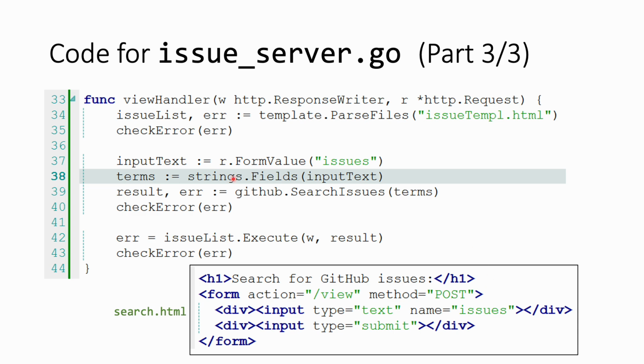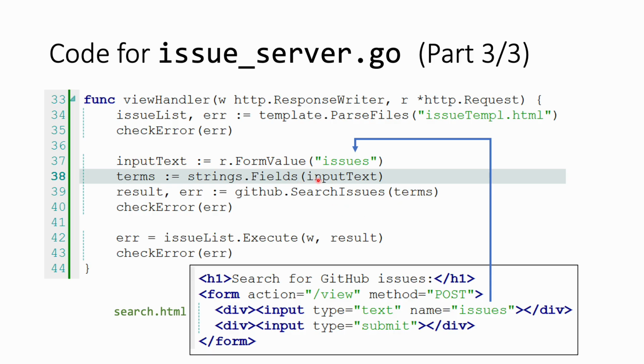We call function FormValue on the given HTTP request, passing the issues name as argument to get the text that the user has entered into the issues text box. The extracted text is stored in the string variable inputText.